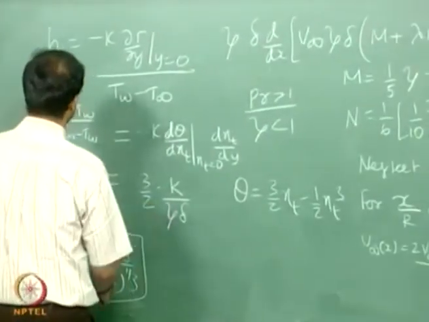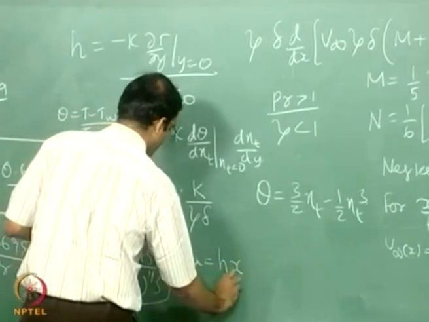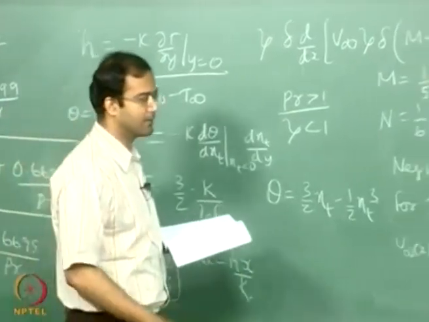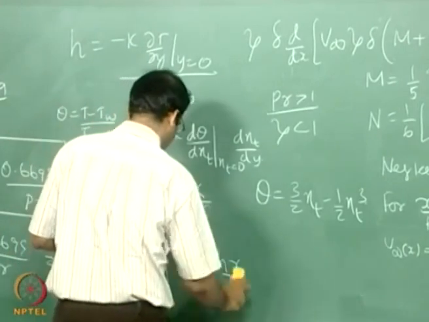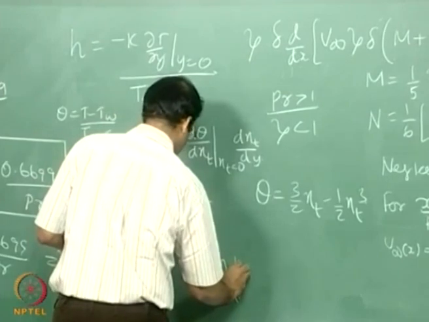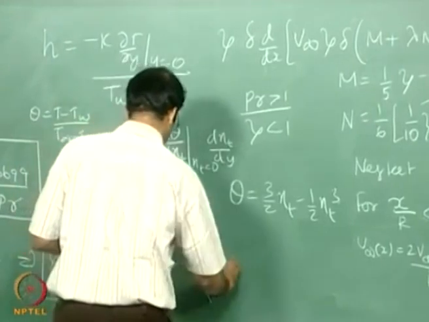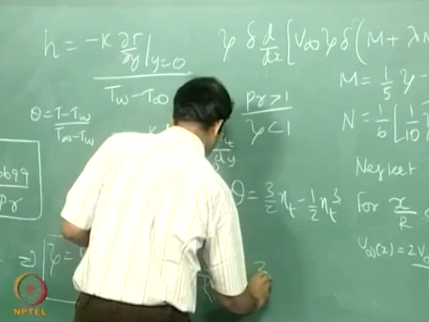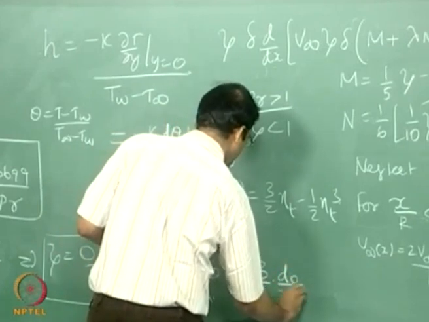Therefore my Nusselt number can be defined as h into x by k, or in the case of cylinder my characteristic length will be the diameter or the radius, so I will choose the diameter as my characteristic length. So this will be h into d naught, the diameter of the cylinder, which will be nothing but 3 by 2 into d naught divided by zeta into delta.